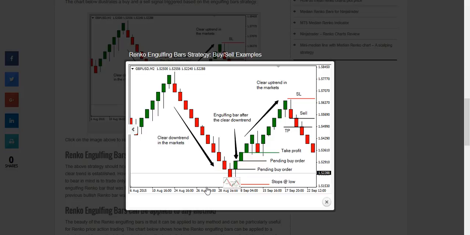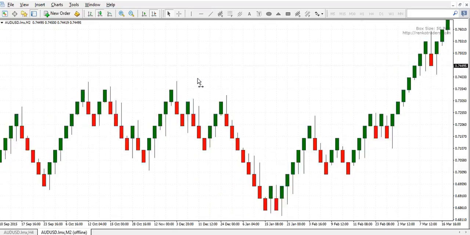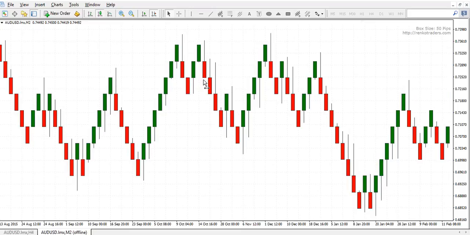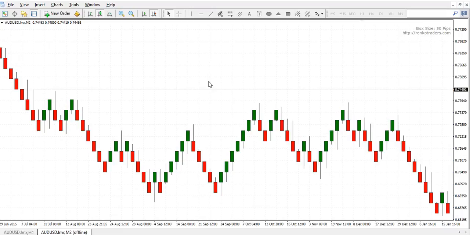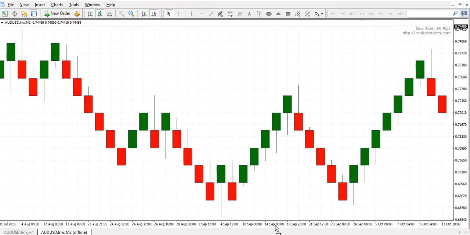So let me show you the charts and illustrate this trading strategy in detail. What you're looking at is the AUD USD 50 pip Renko chart. There are a couple of markers that are very important in this trading strategy.